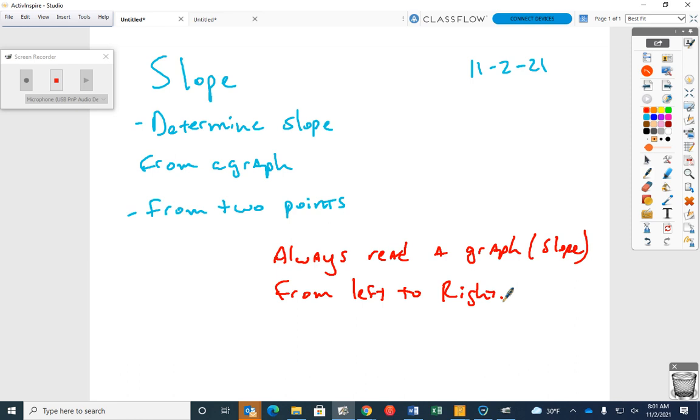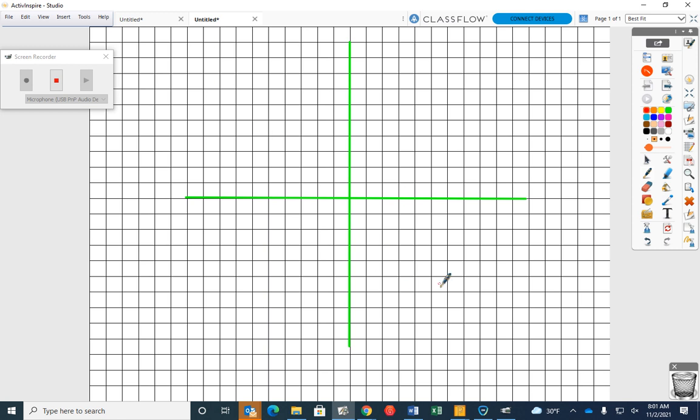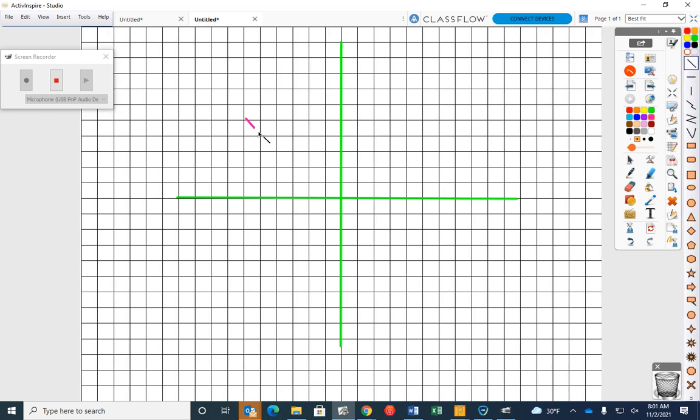So if I have a graph, and you guys don't have to draw a real fancy graph, just draw a generic graph on your worksheet or on your notes. If I had a line that looked like this, and I read that from left to right, is that going up or is that going down? That's going down, isn't it?